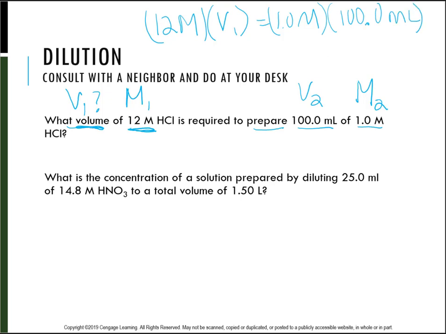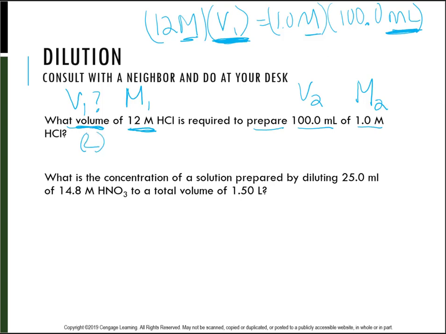Here's what's nice about this calculation. If I have molarity and molarity, we're good. For volume, volume doesn't have to be in liters. If this unit is in milliliters, this unit will be in milliliters. Same with if this was liters, the second one would be in liters. You don't need to convert it into liters. I mean, you can if you want to, but you don't have to, unless it said what volume in liters.